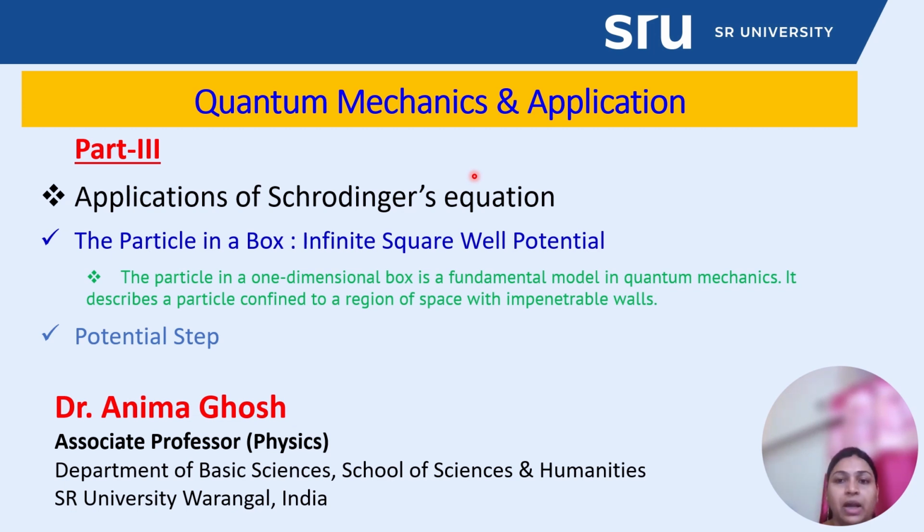So basically the Schrodinger equation was developed by Erwin Schrodinger in 1926. The equation provides a mathematical framework to describe how quantum systems evolve, much like Newton's law describes the motion of macroscopic objects.